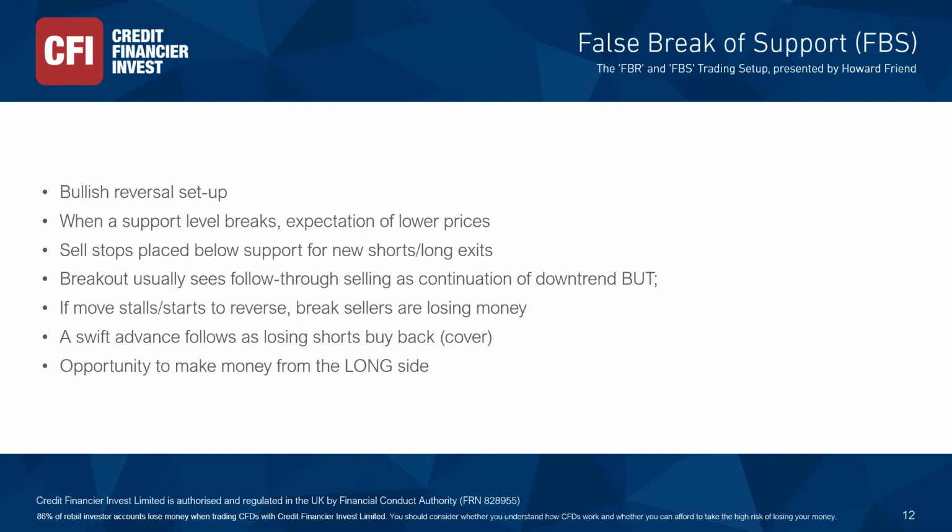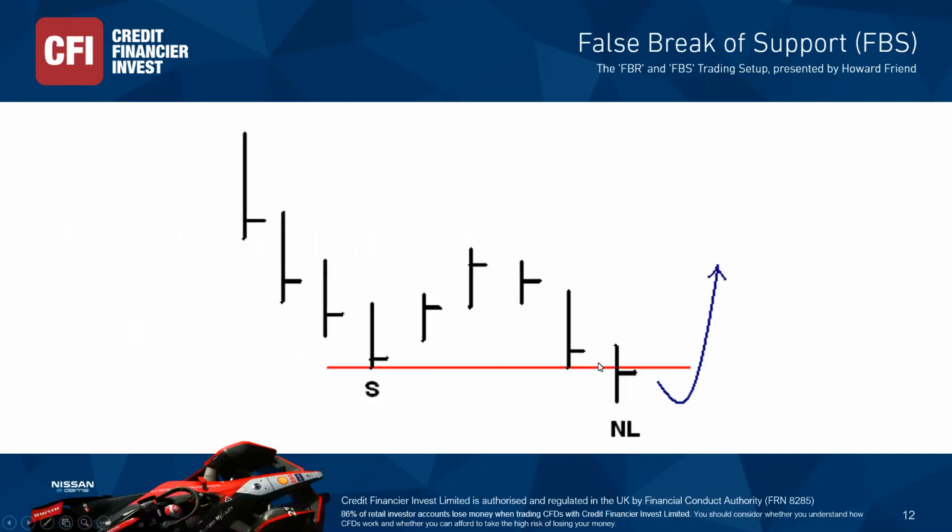So as I mentioned, the breakout through a support level usually sees follow through selling as a continuation of the downtrend, but if this move stalls and starts to reverse, then we see that the sellers of the breakout are starting to lose money. And that's what's going to be the driving force for the market to go higher. It's an opportunity to make money on the long side of the market by buying the market.